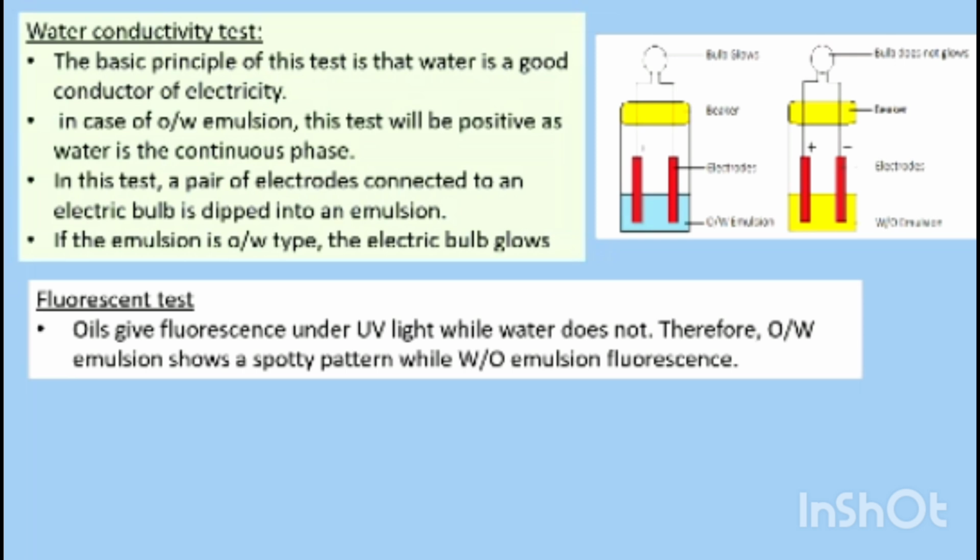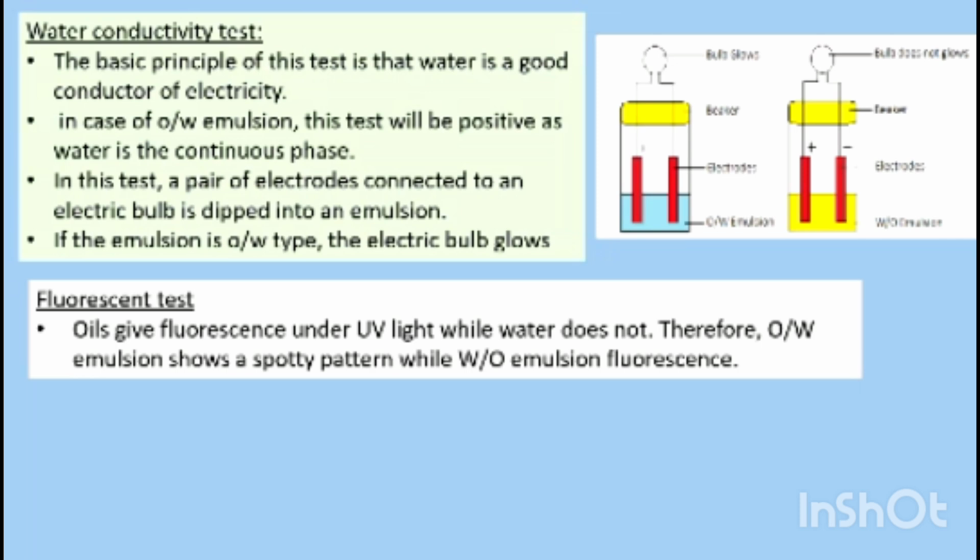The last test we can use is the fluorescence test, where we place the emulsion sample under UV light and the oil gives fluorescence and the water does not. So, if the emulsion is O by W type of emulsion, then it will show a spotty pattern.